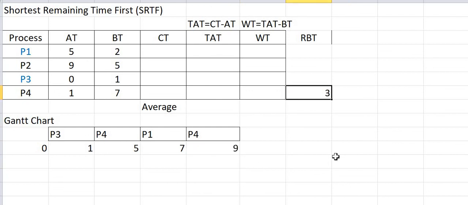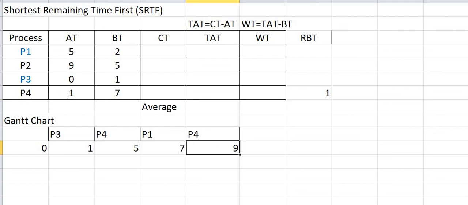The remaining burst time will be 1. Now I compare the newly arrived process and the already existing process. Whichever process has the least burst time, I go with that process. P4's burst time is much less than P2's, so I continue with P4.